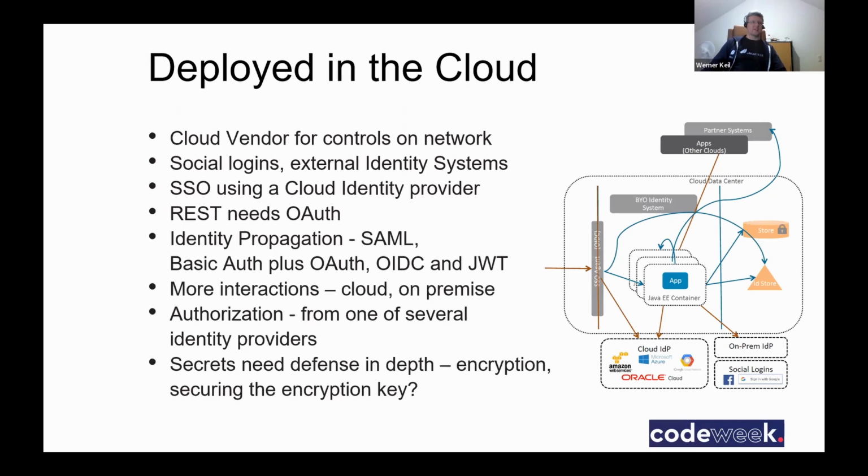The identity propagation may also use SAML, but more often it's something like OAuth 2 using OpenID Connect and JSON Web Tokens. And there's, of course, more interactions, especially if an application becomes more popular. The authorization can be from multiple identity providers. And of course, secrets also need to be encrypted so they don't get into the wrong hands.